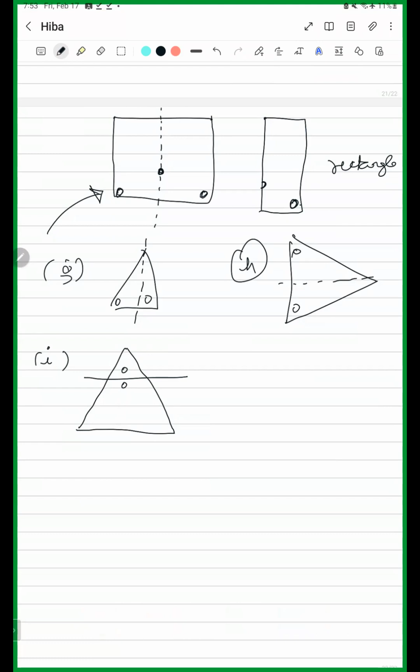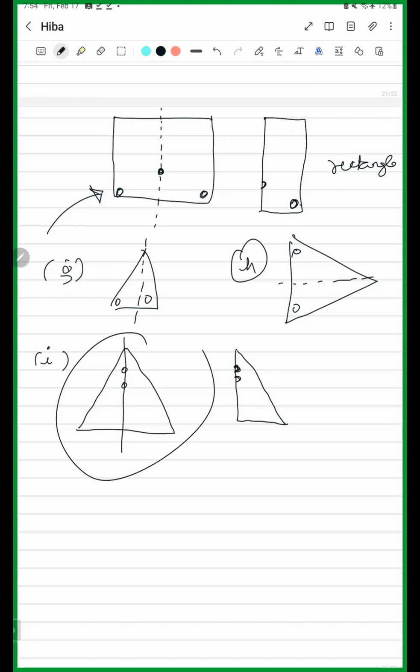Is it symmetrical? No. So it's not horizontal, it's vertical. Yes, very good. Vertical like this. So imagine it being folded like this. You folded your triangle like this, and made one hole here and one hole here. And when you opened it, it becomes like this. Understood?